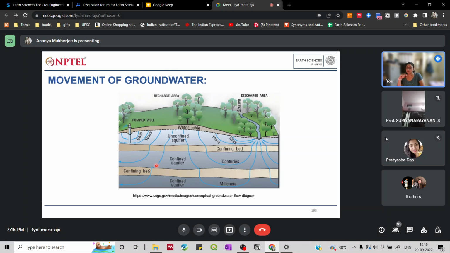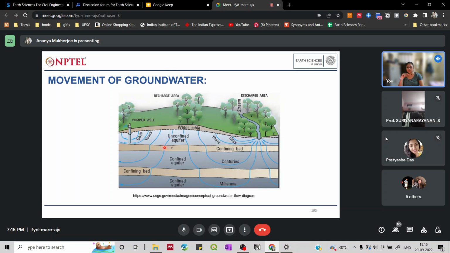Also, these deeper confined aquifers have less contaminated water compared to the unconfined aquifer, firstly because the unconfined aquifer is much closer to the earth's surface. So all pollutants and contaminants easily seep through, because there is no confining layer.